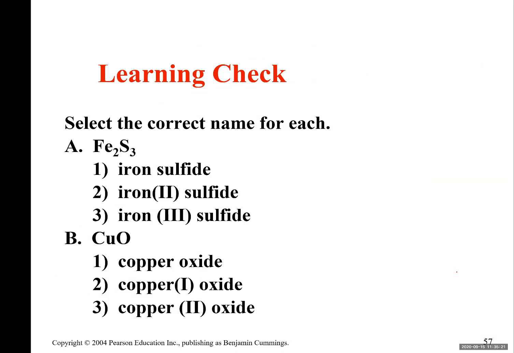If I go to the next slide, see if you can name these. Use the systematic method, which is using Roman numerals. It's easier. Go, guys. Let's see if we can do it. I want to see who gets it first. Who's getting this?